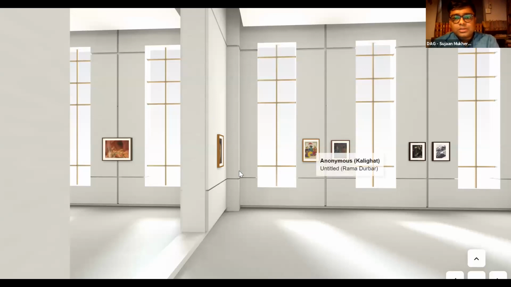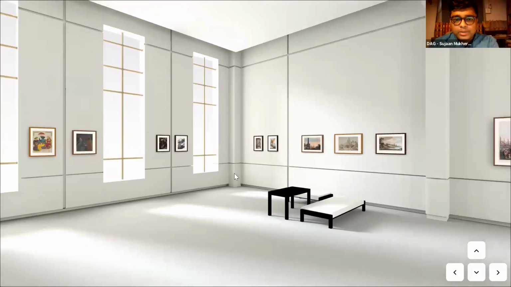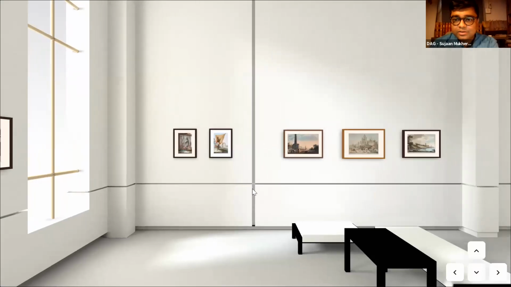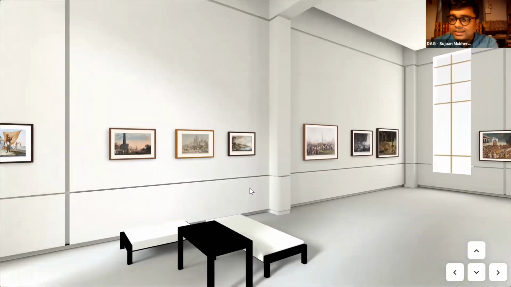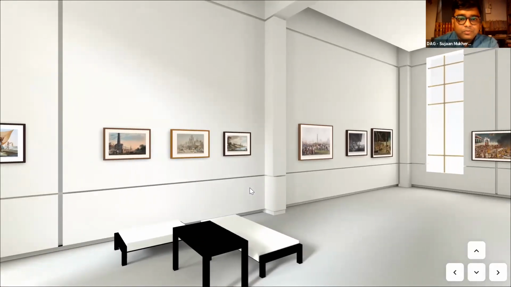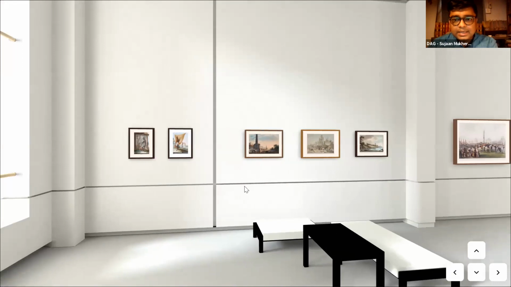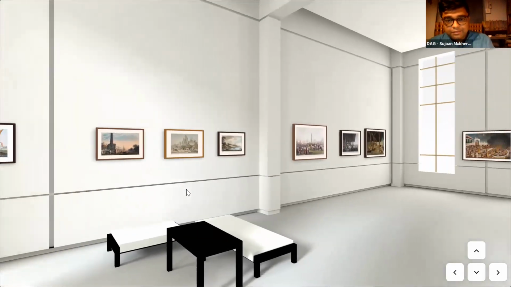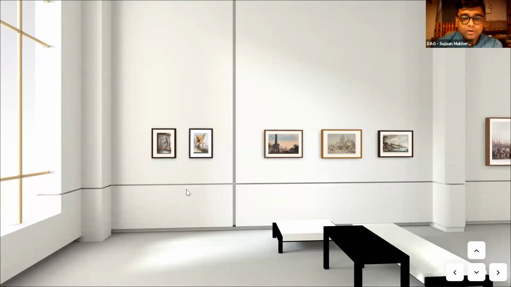So let's jump right into it, because I think we have had a pretty comprehensive introduction to what we are trying to do in this. So this basically, like Shumona said, is a selection of the artworks that we have at Ghare Baire and from Drishyakala.